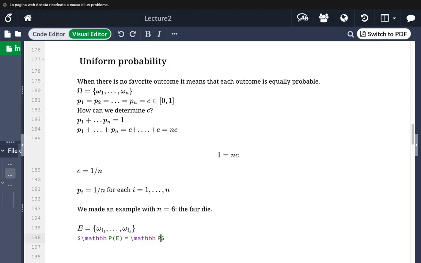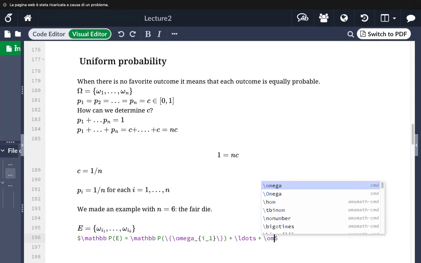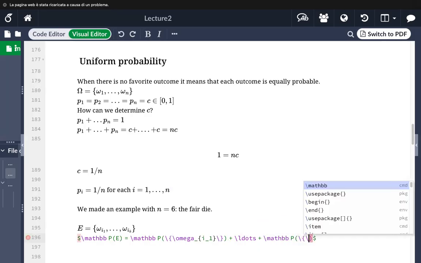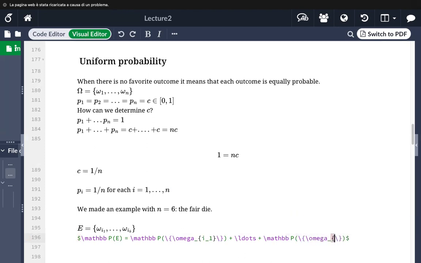So it's equal to the probability of omega i1 plus ... plus the probability of omega ik.